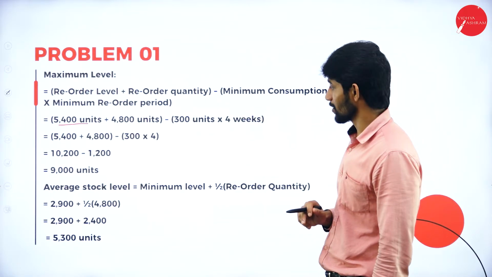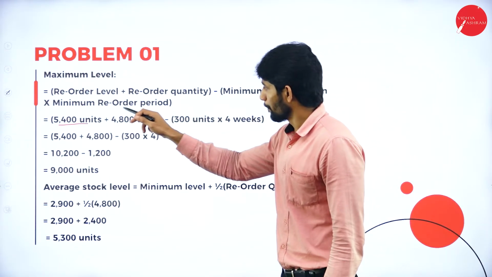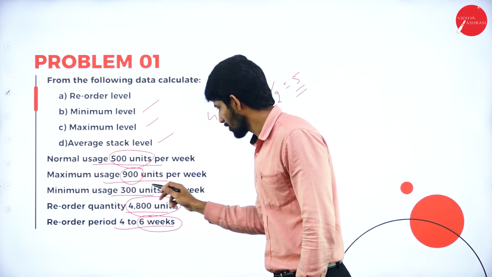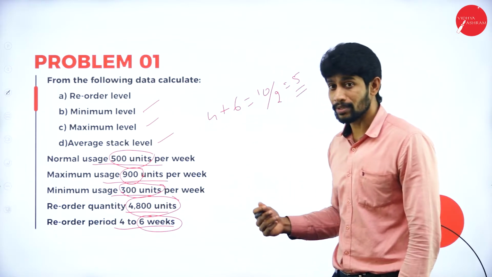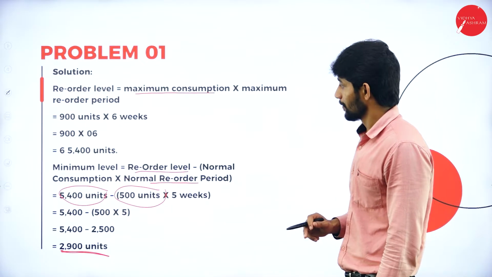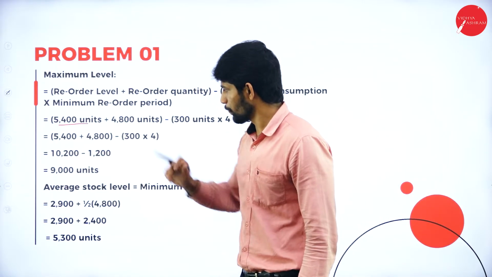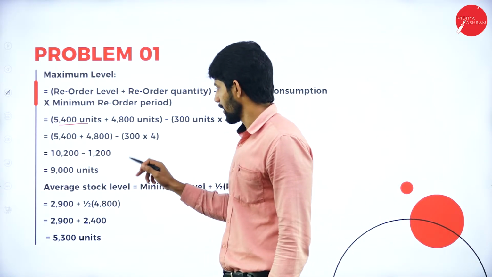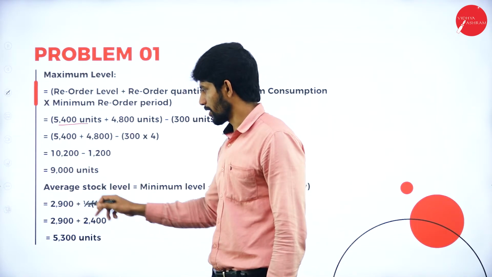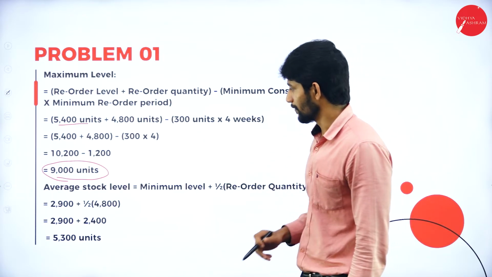Minimum consumption is 300, and the minimum reorder period is 4 weeks. So 300 into 4 weeks. So 5,400 plus 4,800 minus 300 into 4. You'll get 10,200 minus 1,200. You'll get 9,000 units. This is the maximum level.